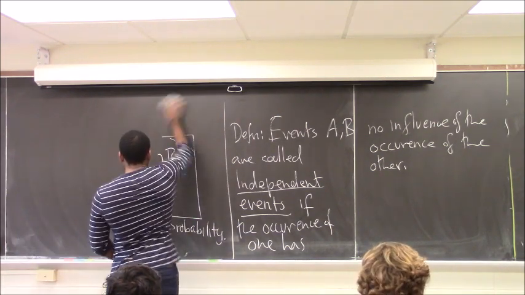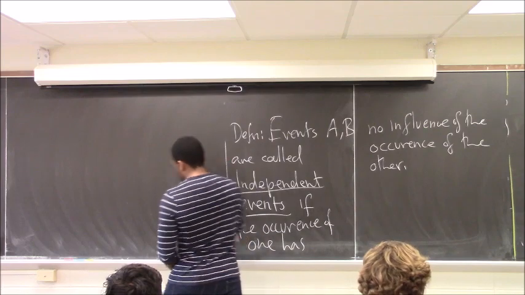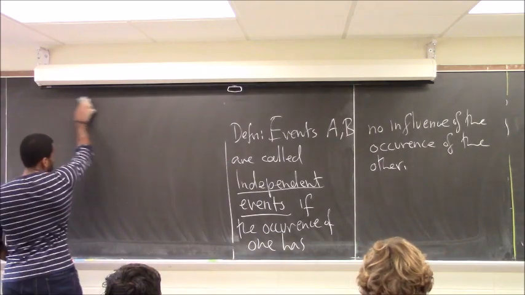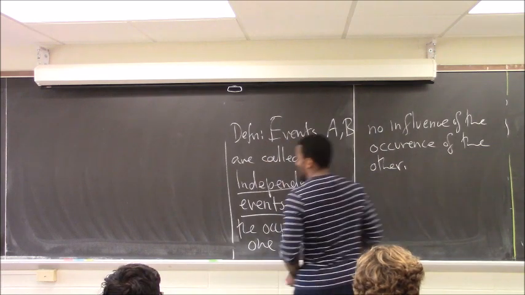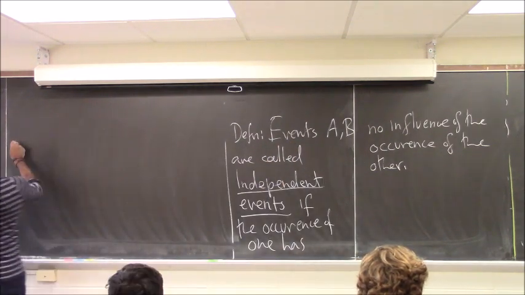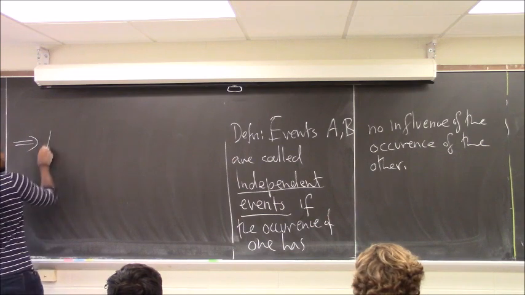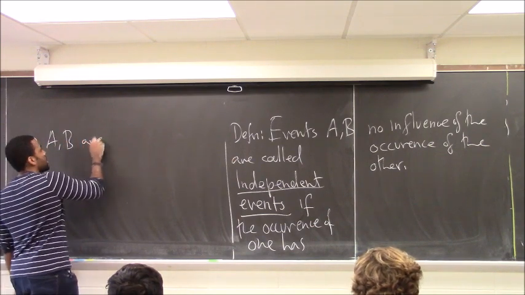Sometimes you're considering an experiment with two kinds of events occurring, but one event has no effect on the other event. We call these events independent events. Now, what does this mean for the conditional probability? So let's say A, B are independent.